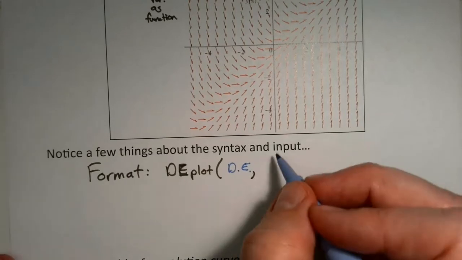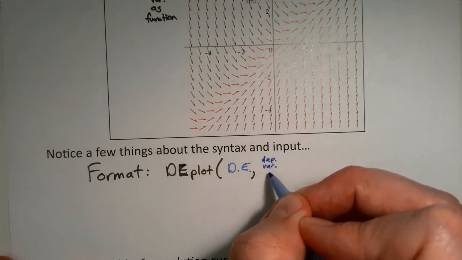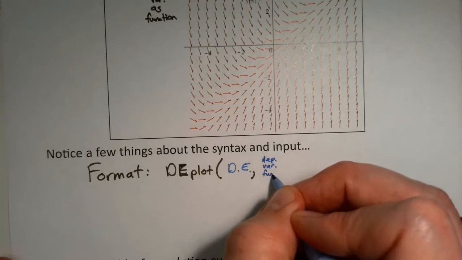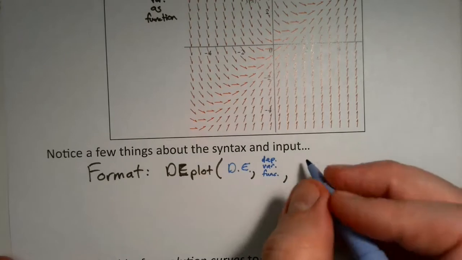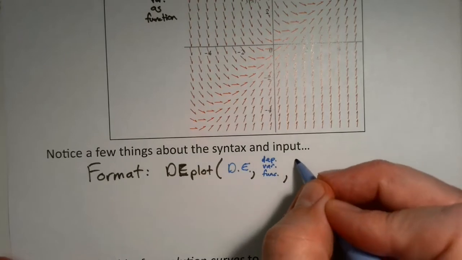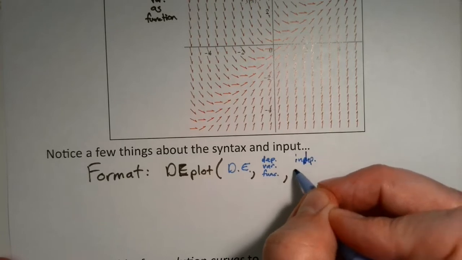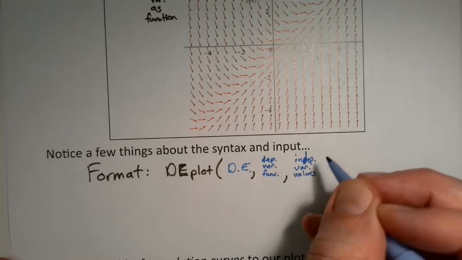The second thing is your dependent variable as a function, right? And then next is your independent variable values that you want to see.